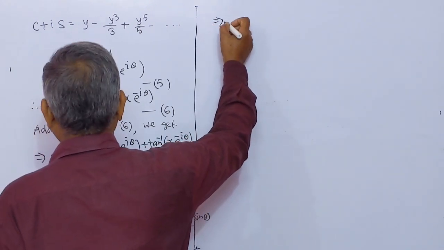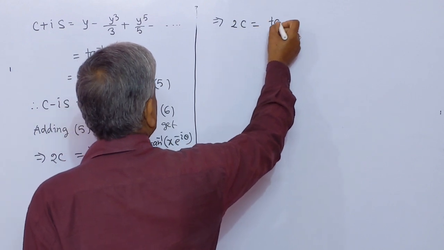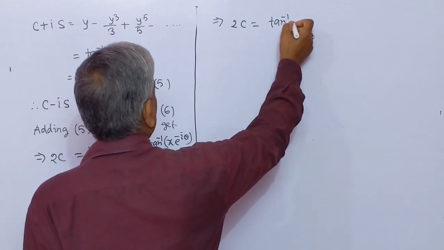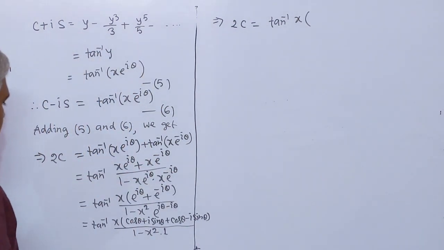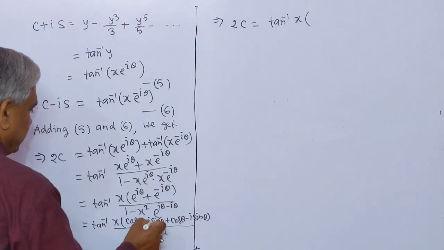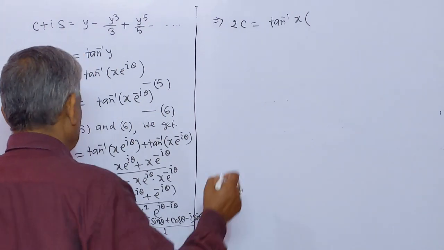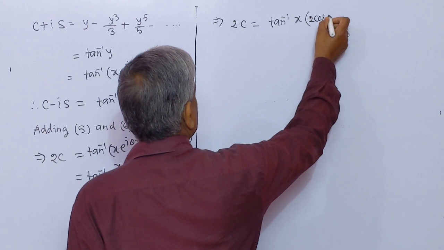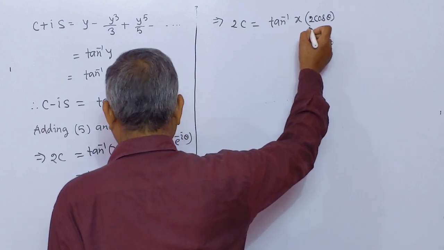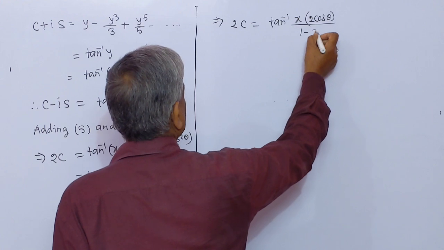This implies that 2C equal to tan inverse x multiplied by, here plus i sin theta minus i sin theta cancel, 2 cos theta, by 1 minus x square.